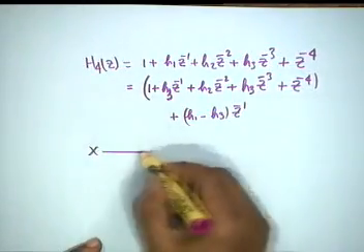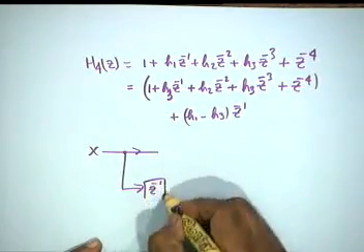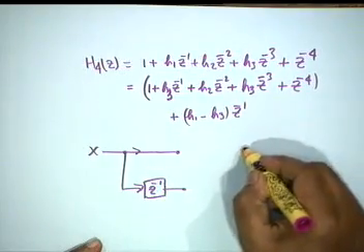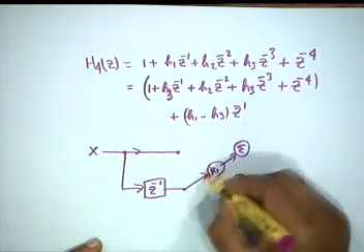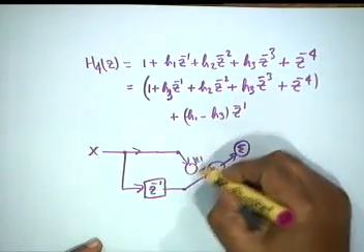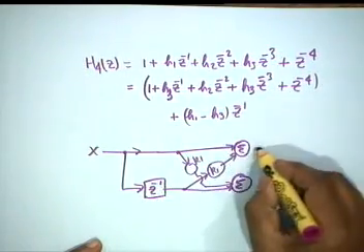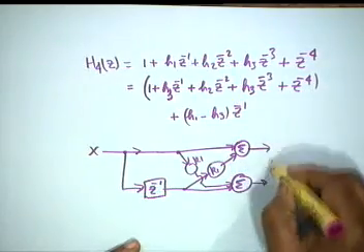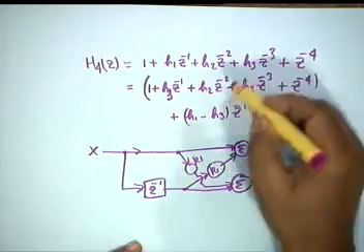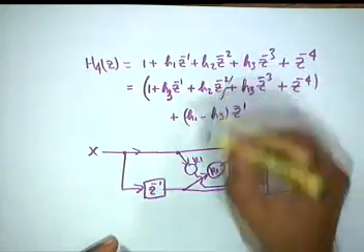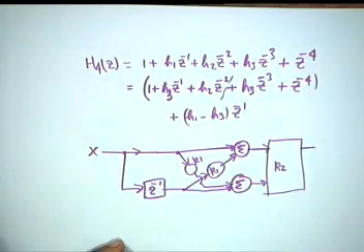So the structure would be like this: X, then Z inverse, you have two summers, K1, K1, the next one would be a box K2, the next one K3 would be, because our decomposition would be here from H5, from H4 we will go directly to H2, but there is a problem.